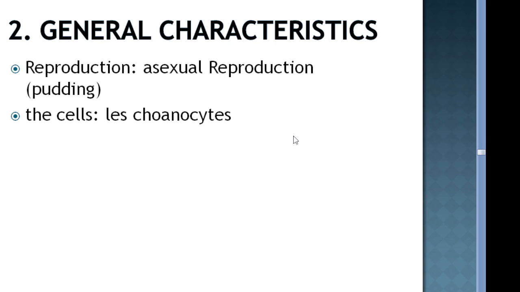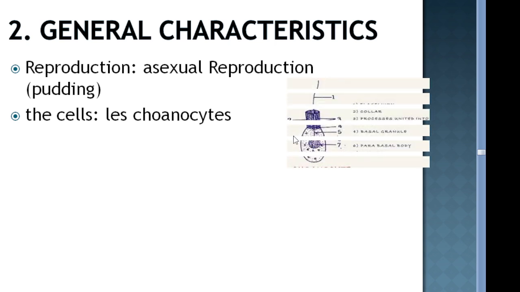So what is a choanocyte? A choanocyte is a very simple cell located in the wall of the sponges, and it is formed from several things, but the most important is the flagellum, because I will tell you why it is the most important thing in the choanocyte. The choanocyte is very characteristic of sponges.